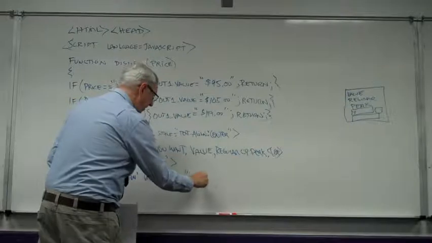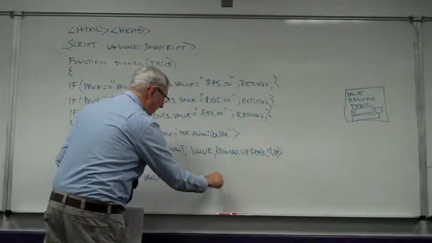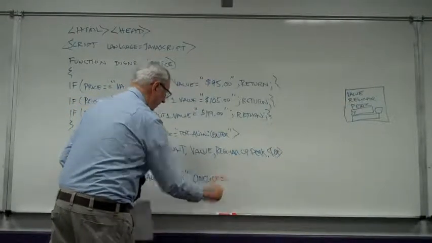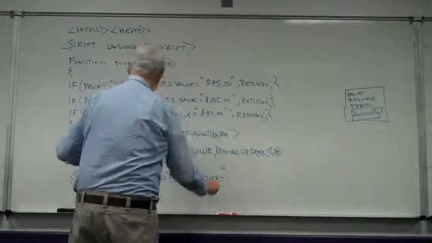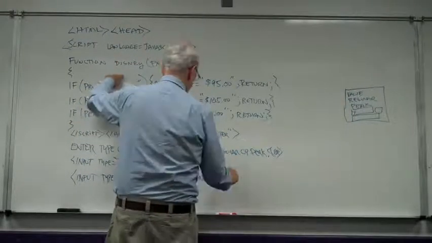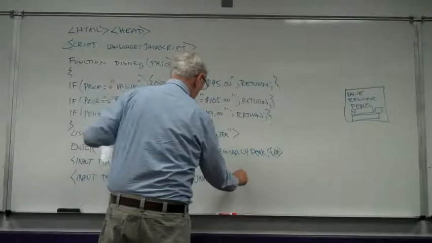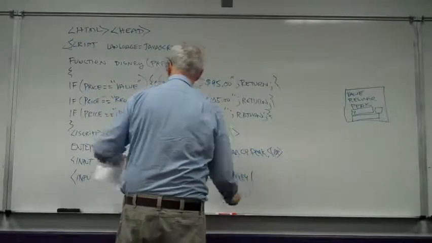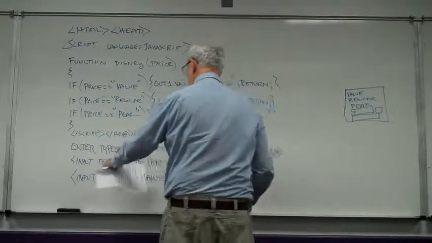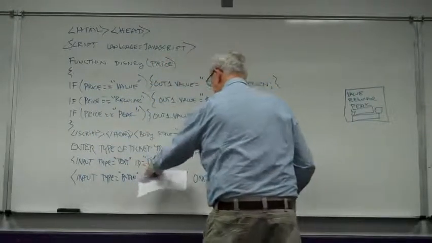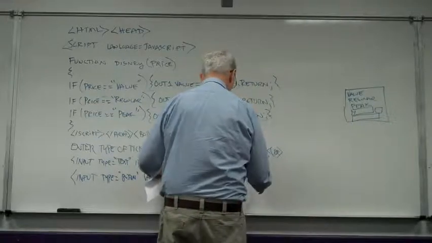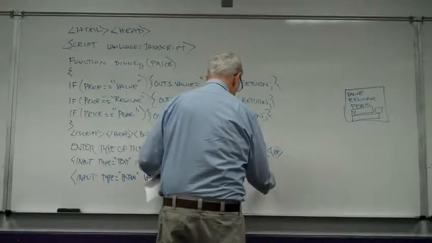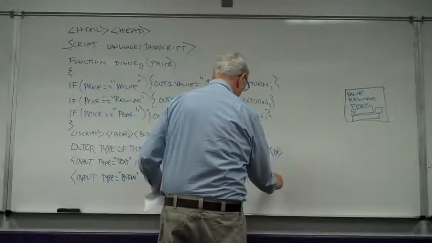On click, here's the heavy part, equals. We want to go to this function right here, Disney. And we want to send this ID, this ticket right here. We want to send ticket. So we send ticket.value.